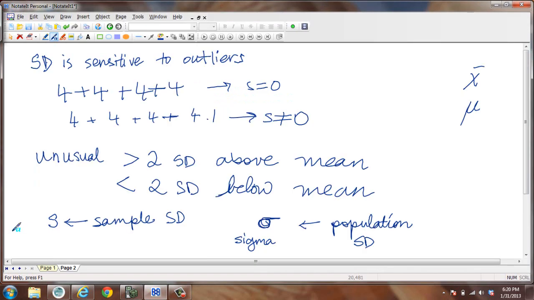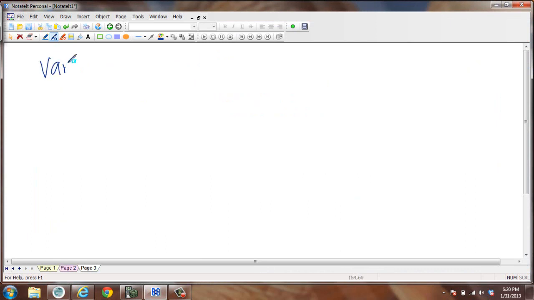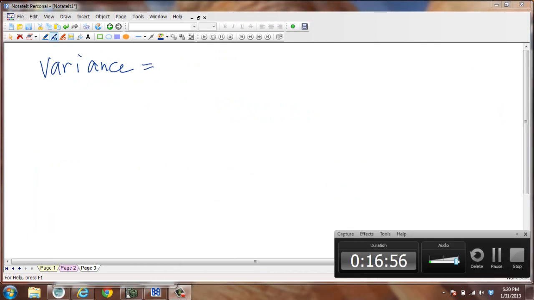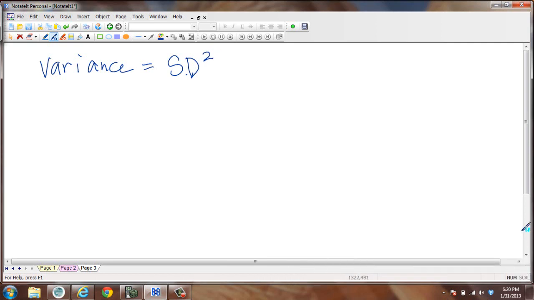Last thing I want to talk about is variance. The variance also shows the spread of the data, and the variance is simply the standard deviation squared. Okay, so if I'm looking at a sample, s is the standard deviation, s squared is the variance. If I'm looking at a population, sigma is the standard deviation, and sigma squared is the variance.